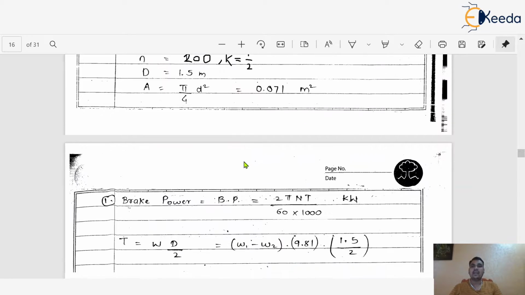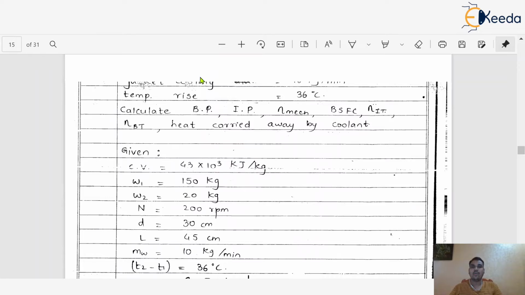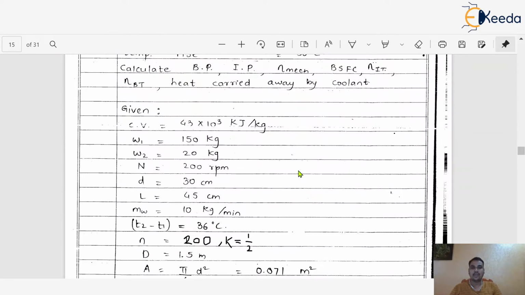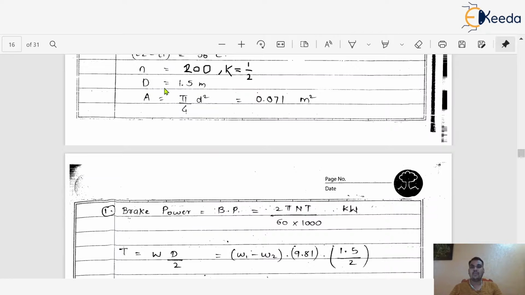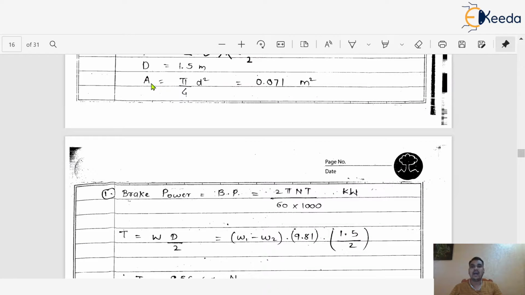Similarly, the next thing given is capital D equal to 1.5 meter. This D is nothing but the effective brake wheel diameter given in the problem, and that is 1.5 meter. Later on we will discuss the use of this effective brake wheel diameter while solving the problem. After this, we can calculate the area of the cylinder.